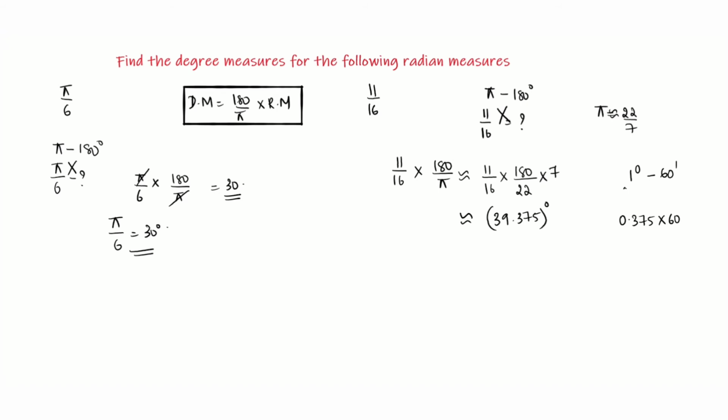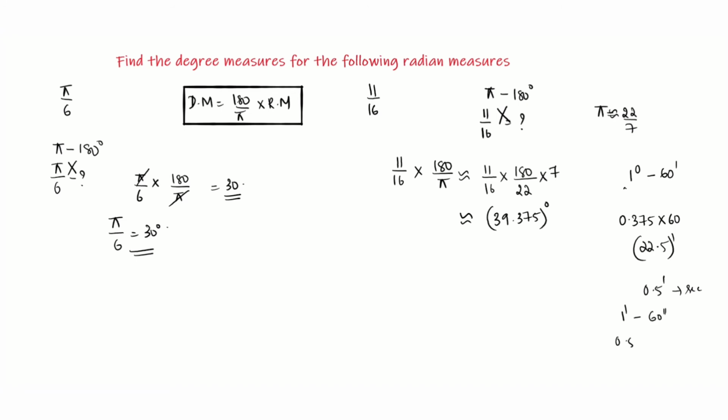We will get 0.375 into 60, that is 22.5 minutes.